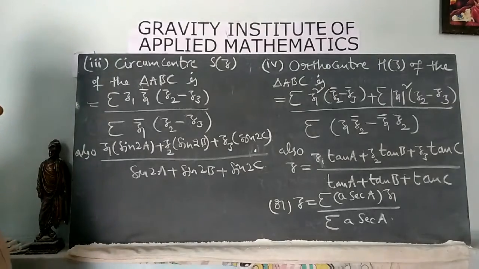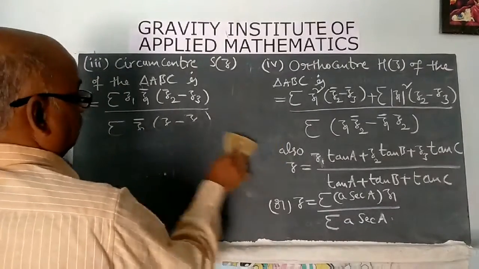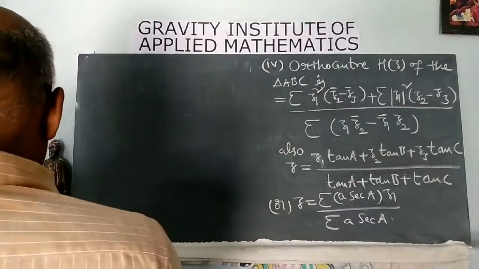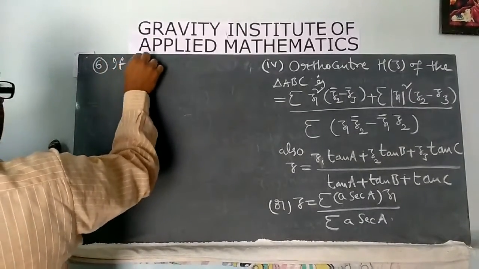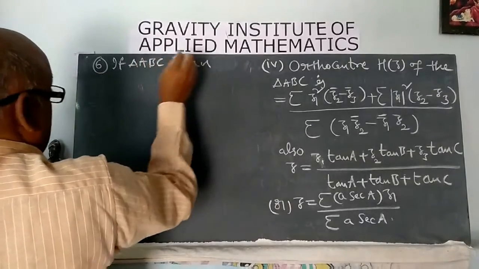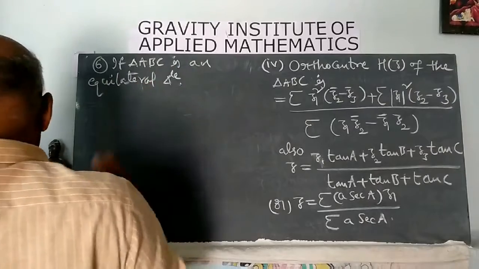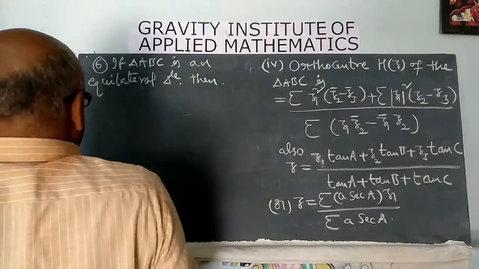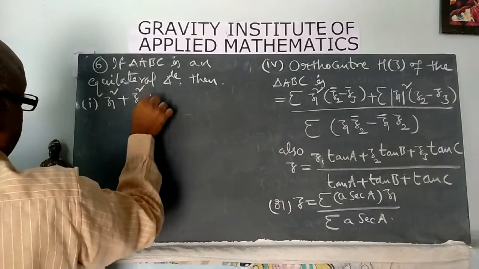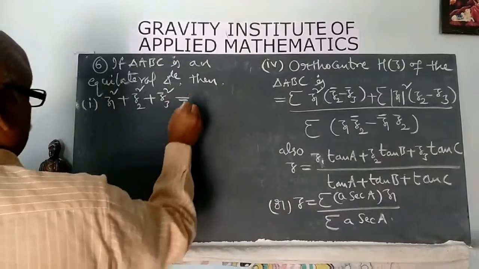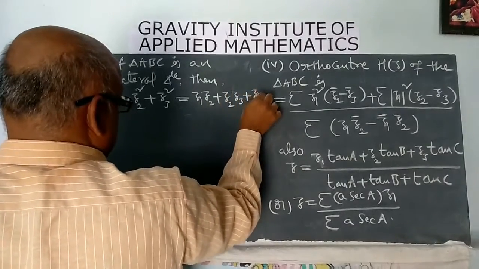Next, sixth result. If triangle ABC is an equilateral triangle, then the first subpoint Z1 square plus Z2 square plus Z3 square is equal to Z1 Z2 plus Z2 Z3 plus Z3 Z1.